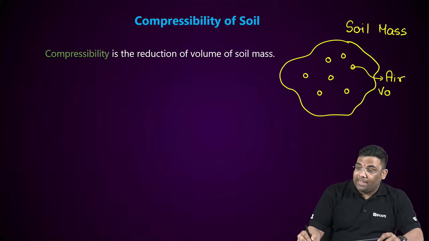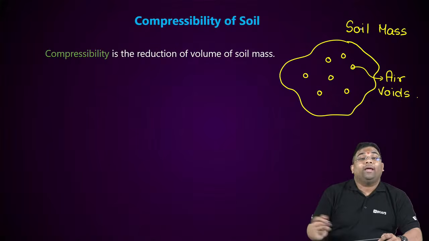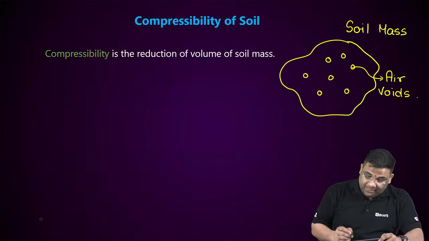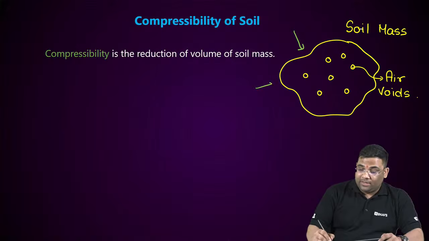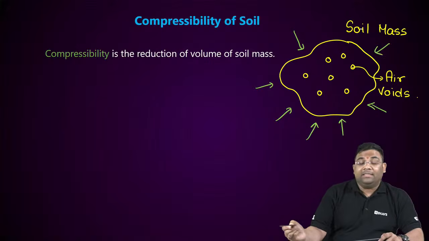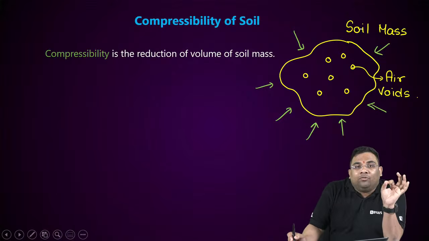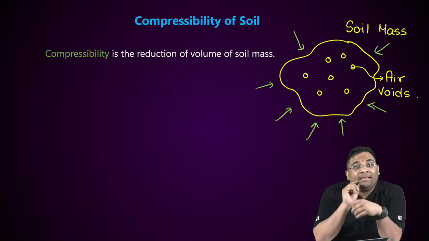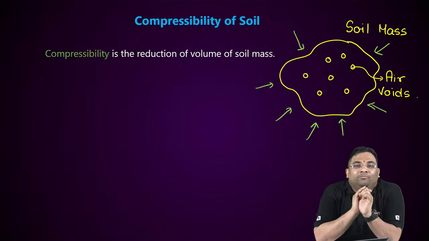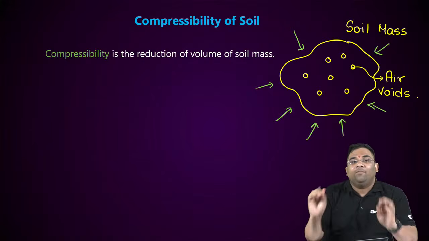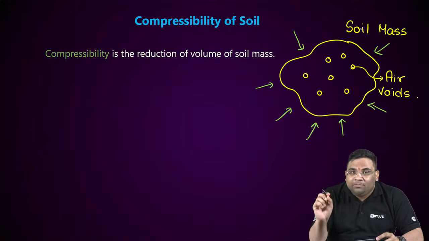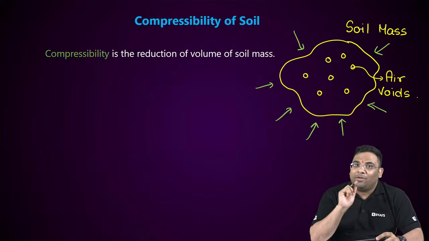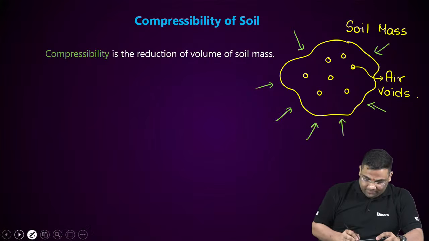Now if I am applying some additional stress to this soil mass, what will happen? This air will be expelled from the voids, and due to that there will be reduction of volume. This reduction of volume due to expulsion of air from the voids, I call compaction.